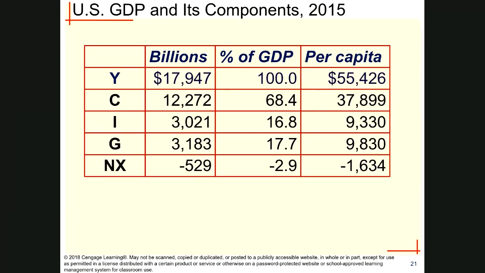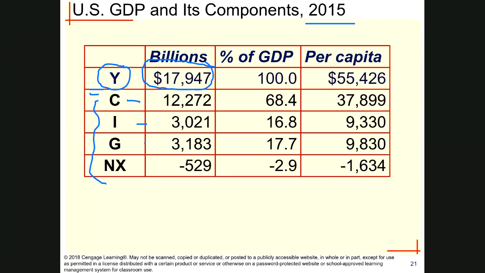Let's look at this table. These are actual numbers in 2015. Y equals all these component expenditures, and we know what each one is. The Y was almost $18 trillion, 100% of GDP.